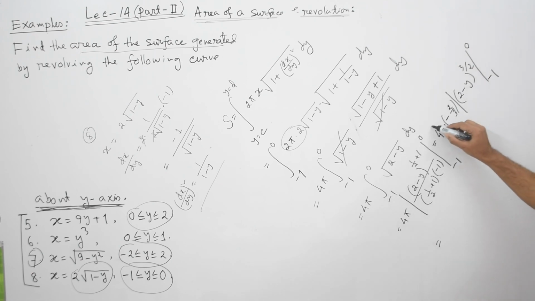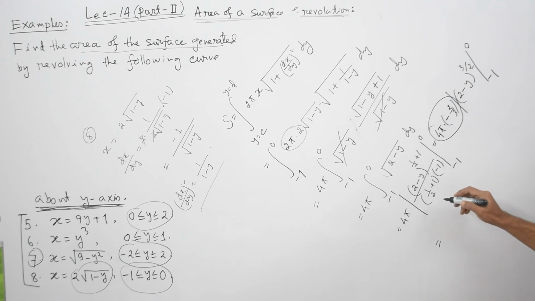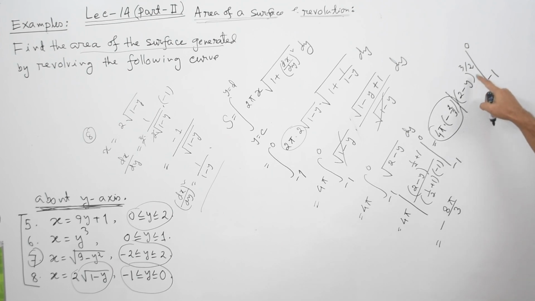So we have here minus 8π by 3, and here if we put the upper limit, we have 2 to the power 3 by 2, and if we put the lower limit, 2 minus minus 1, then it will be 3 to the power 3 by 2.